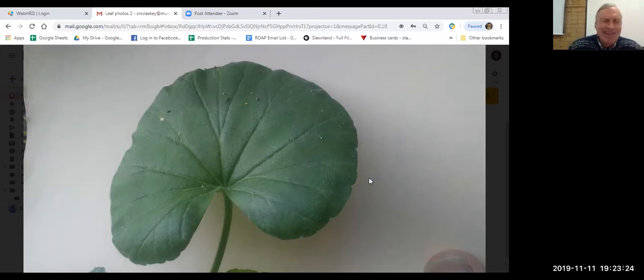It doesn't have an apex like any of the other leaves we've looked at. So what does that mean, Steve? Well, it's rounded, it doesn't have a point. So it's just sort of flat and rounded on the end instead of having a point. So the only way you know where the apex is is where the center vein goes to the edge.